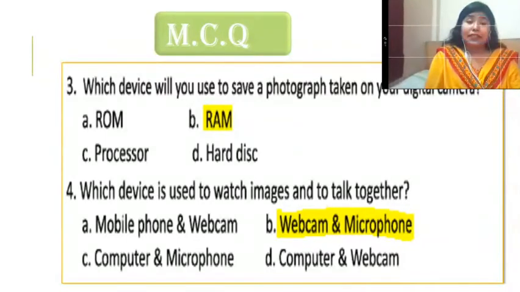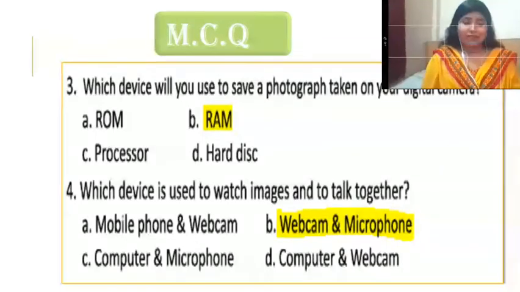And number D, computer and webcam. If you have a computer and webcam but you don't have a microphone, then how can you do both works together? So think about number B, webcam and microphone. Yes, my dear students, if you have both webcam and microphone, then on your desktop you can easily do both works.